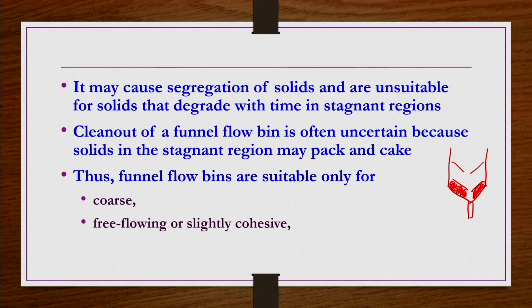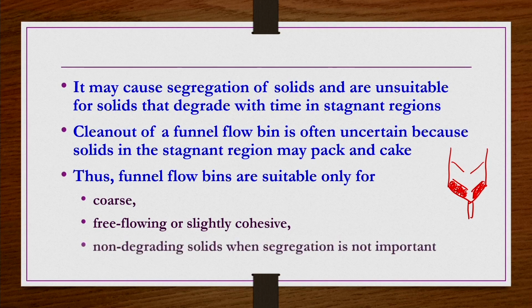So, for slightly cohesive, coarse, free flowing, non degrading solids, especially when segregation is not going to affect the quality of the solids, funnel flow bins can be used. For mass flow bins, you can use any kind of material, especially if you have cohesive material. If you have coarser material, you can use either one, but funnel flow bins are preferable.